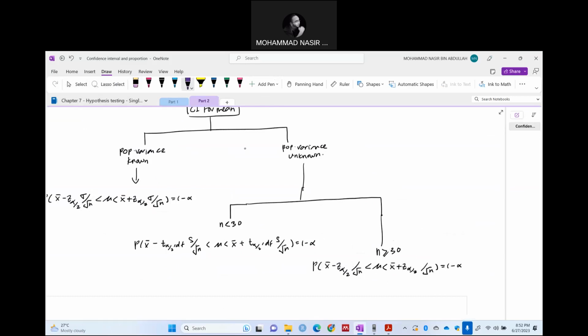We are using S, standard deviation from sample. So this is a general formula for finding confidence interval for mean. When population variance known, we use Z alpha divided by 2 sigma over square root of n for margin of error. For n less than 30, use T distribution. N more than 30, use Z distribution.